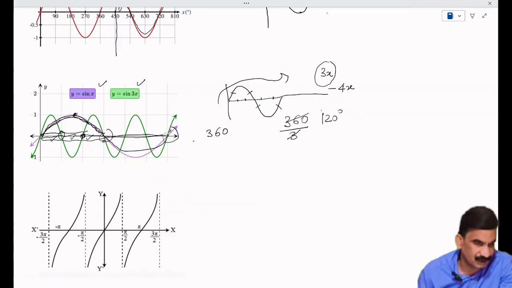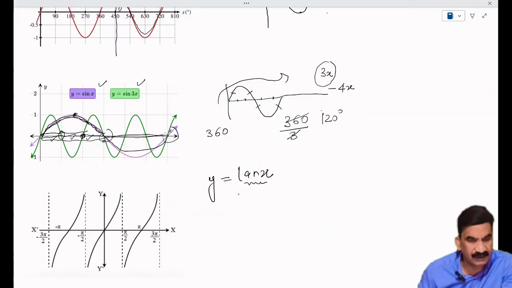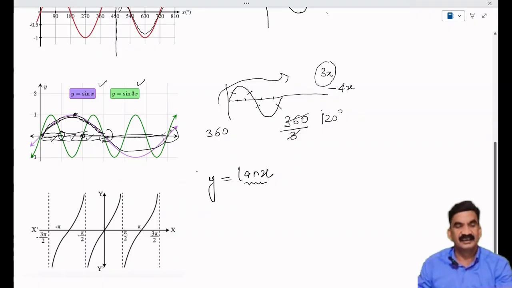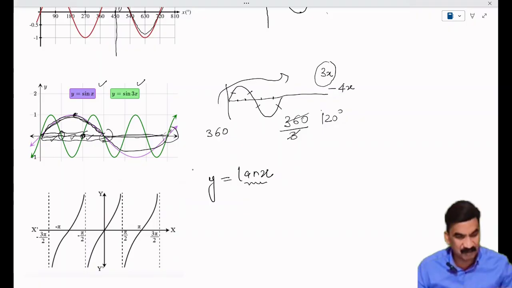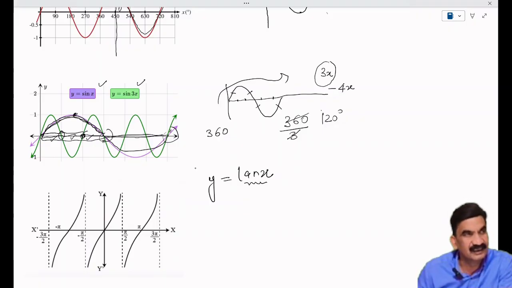The different graph that we have here is y is equal to tan x. This is a little weird. This is not like these, and the repetition is not the way you think. There are breaks in it, and if you have studied basic differentiation, you remember continuity, right? So there's no continuity here.